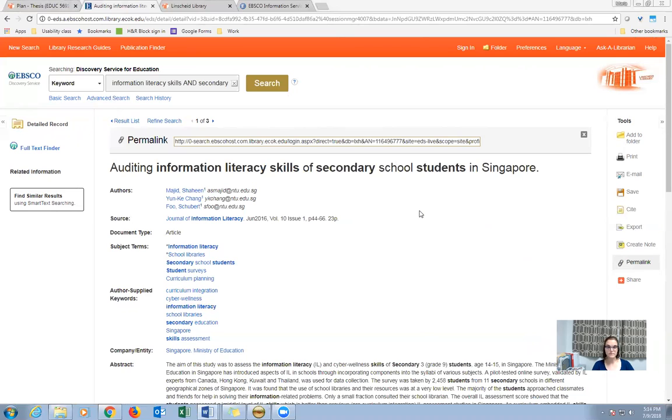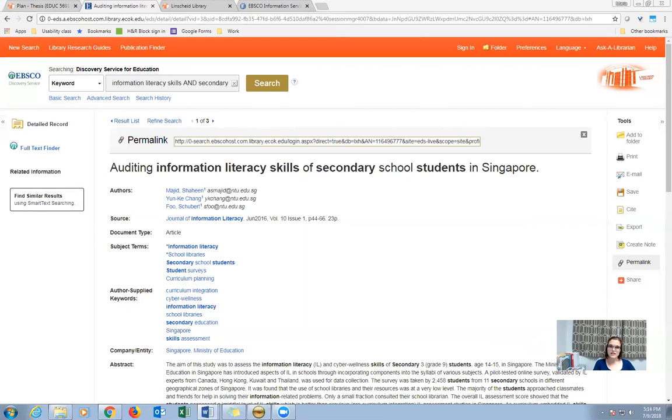So let's say reading skills positively impact graduation. Well, reading is a part of information literacy, so that would support my idea that information literacy skills would impact graduation. I may also look for studies that support one of my observables. So for example, I would look for an article that evaluates a tool used to assess information literacy skills.